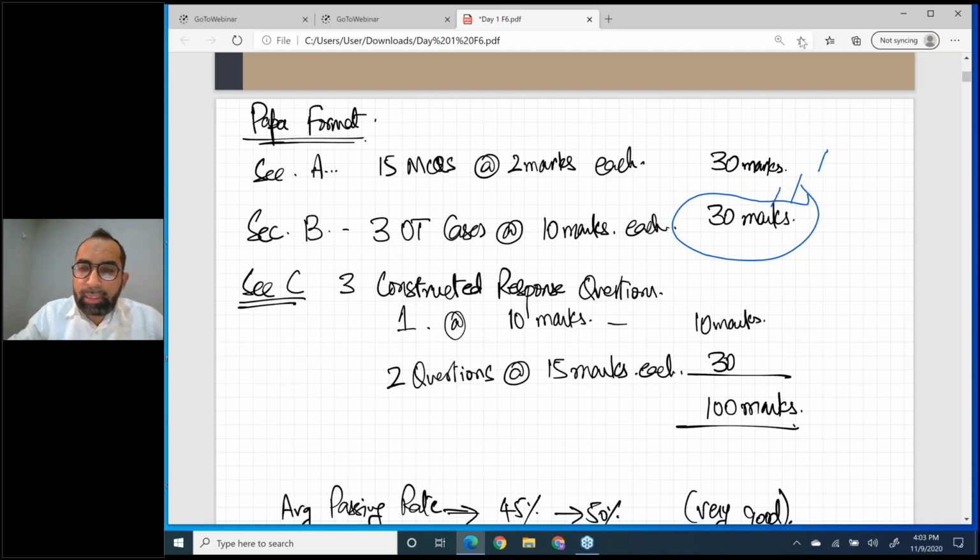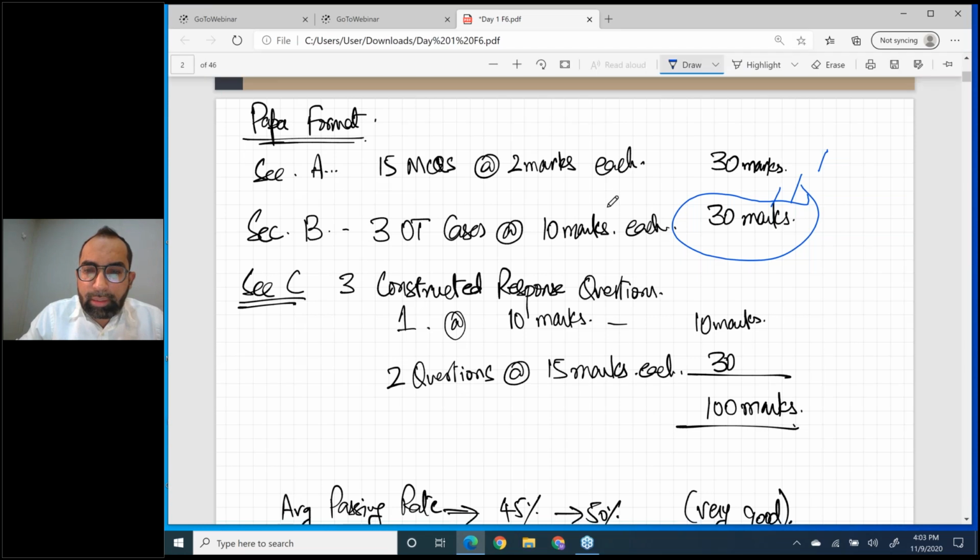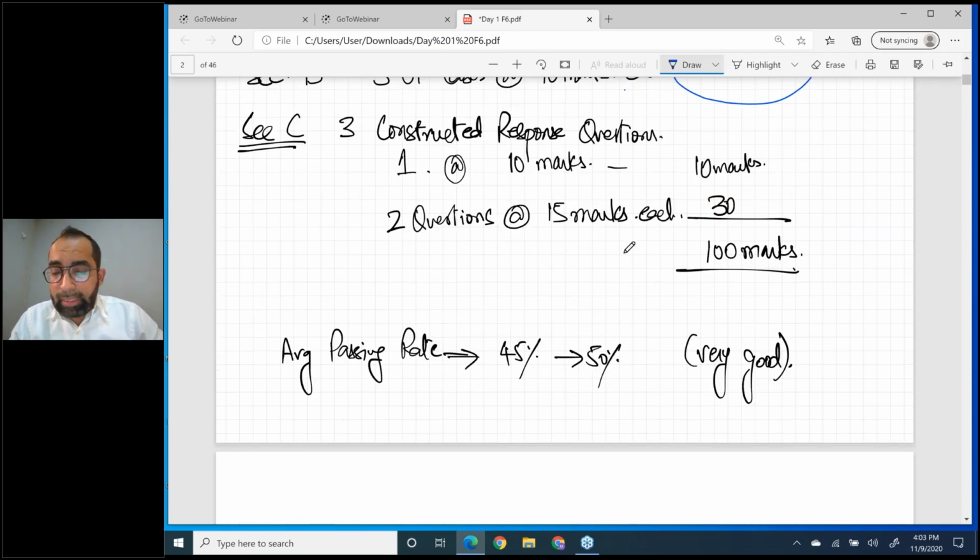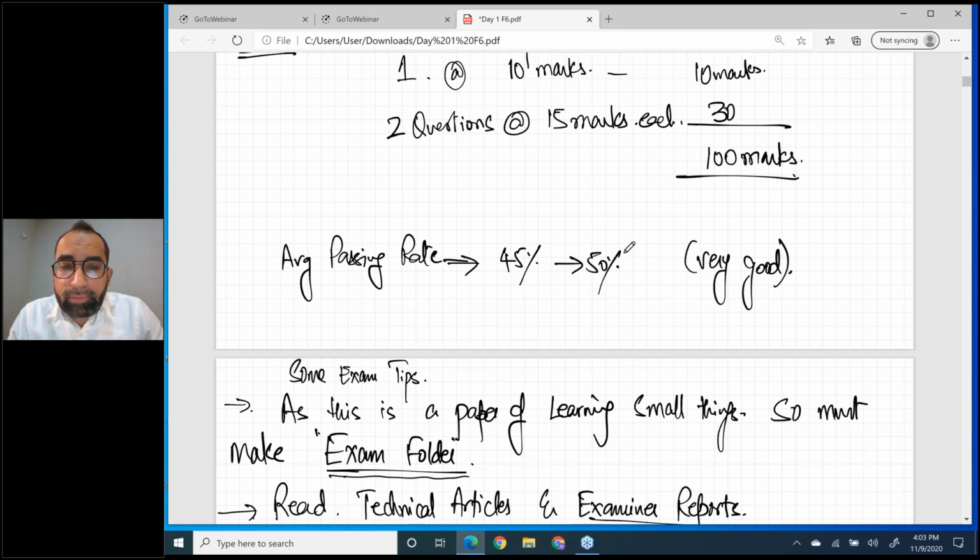Now the question is, what's the average passing rate of this paper? Luckily, the passing rate of this paper is always good, around 45 to 50%, and for a professional qualification this passing rate is excellent, because you must know that there are some papers in ACCA where the passing rate is just 35 to 40%.